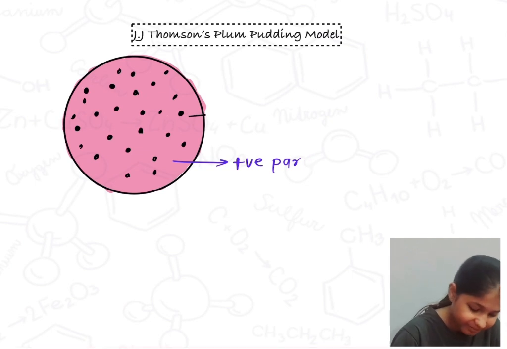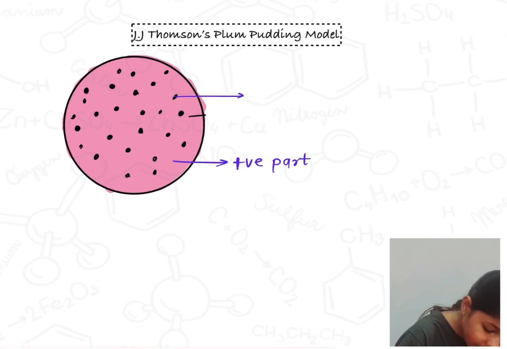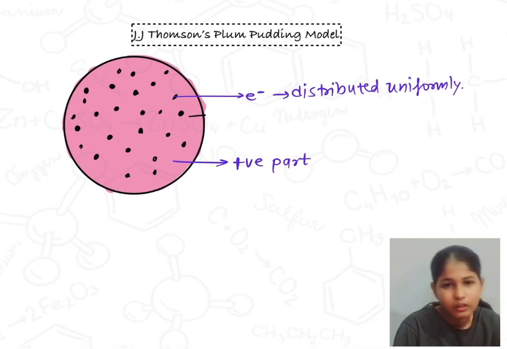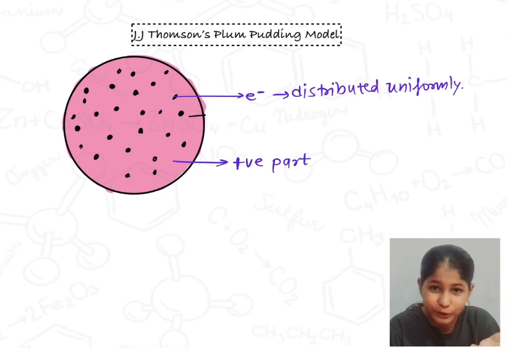Yes, this red part is the positive part, and these black seeds are like electrons which are distributed uniformly. Can you let me know, is it possible?